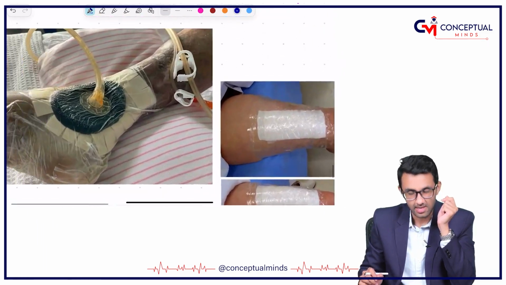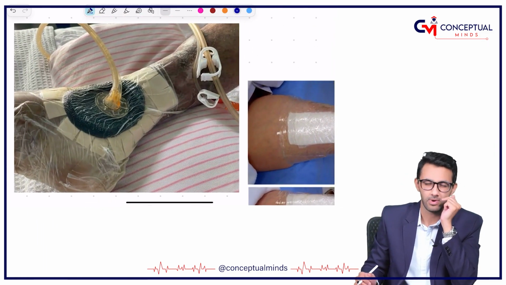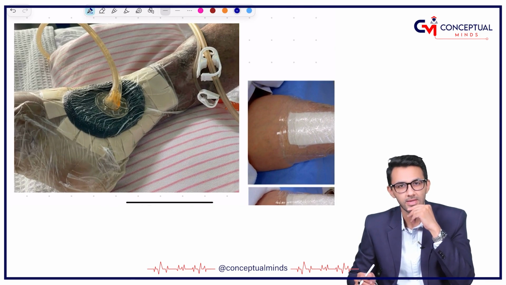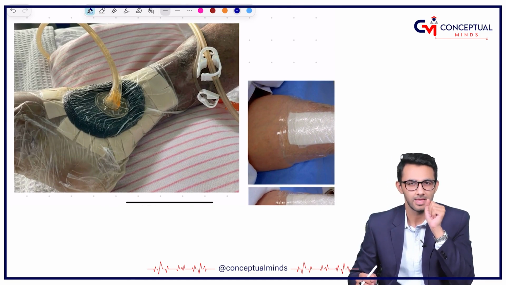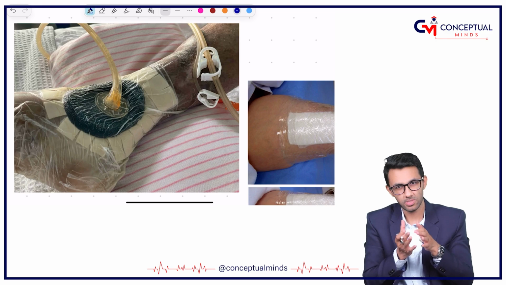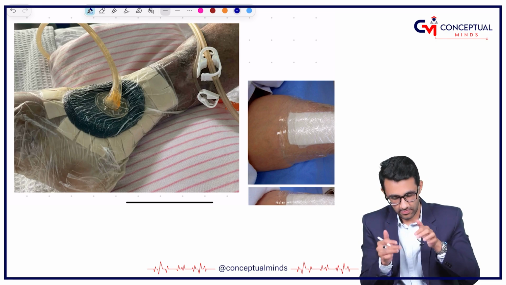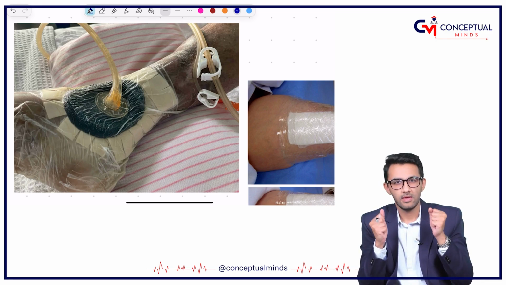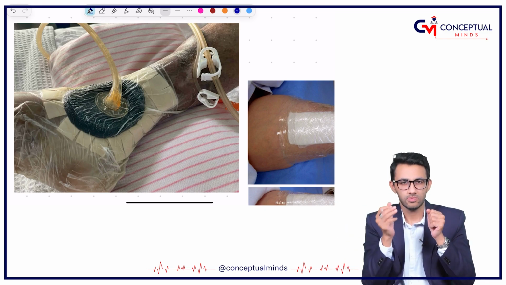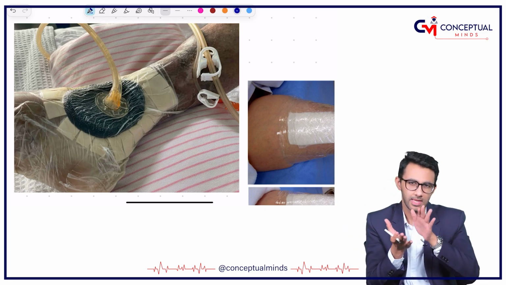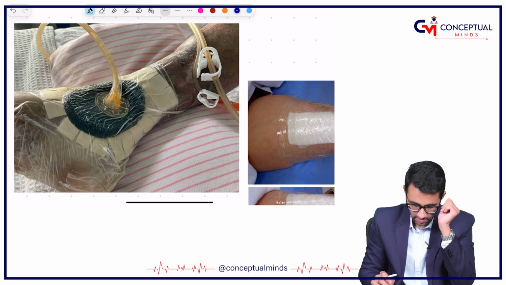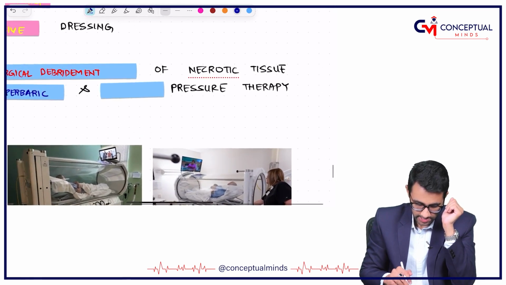What is this? Do you guys know this one? What are we doing here? We are doing negative pressure wound therapy, right? We put this apparatus and we create a vacuum. Because of that, there is negative pressure on the wound, which increases the healing. Okay, all right, negative pressure therapy.